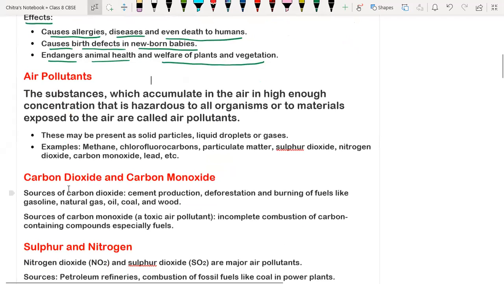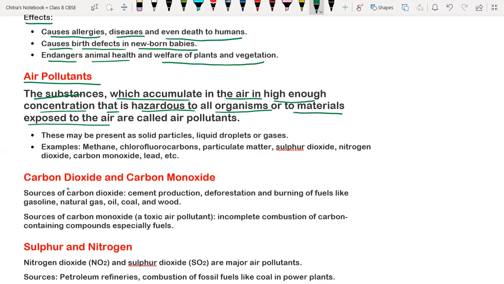Now we have to understand each pollutant in detail. So we will understand about the air pollutants. A substance which accumulates in the air in high enough concentration that is hazardous to all organisms, whether plant or animal, or to material exposed to air, is called an air pollutant.